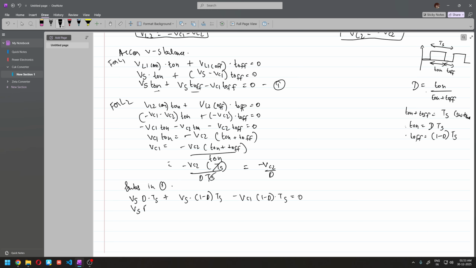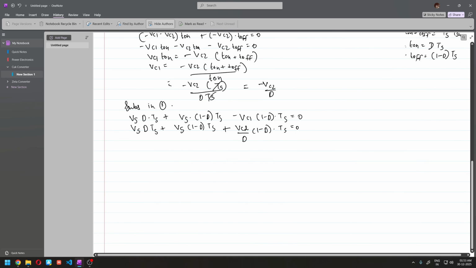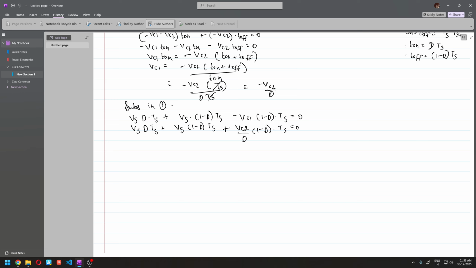So we have Vs D Ts plus, and this becomes plus now because the minus minus gets cut. So we have this, and if you can see here, the switching time Ts is common with all of them, so you can just make it 0 by Ts, and that goes away. So now we are left with this.